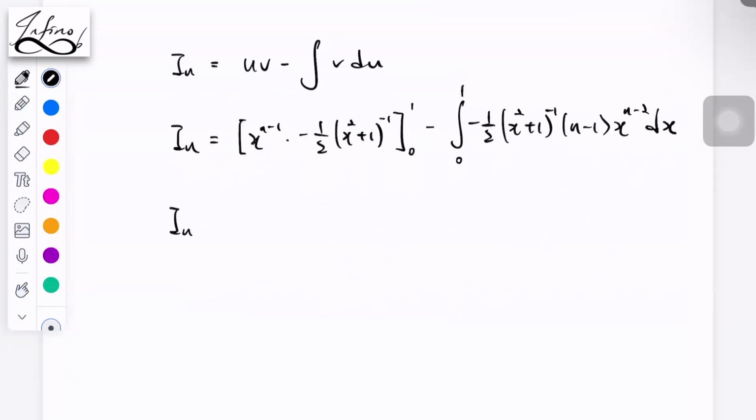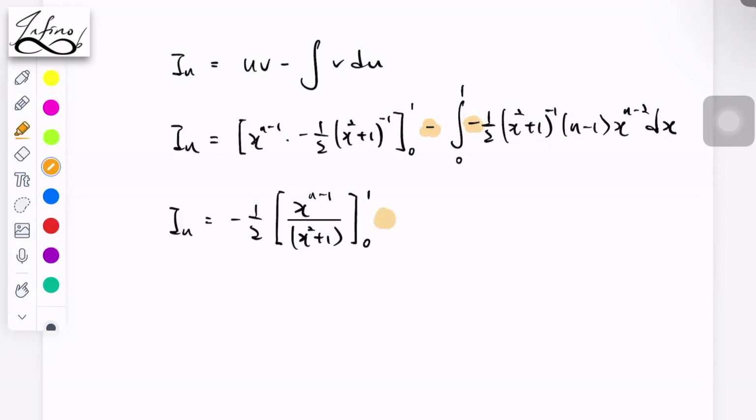So for this one, this is I_n, and if I do some simplification, this is just negative 1 over 2, with the numerator x^(n-1) over x squared plus 1, substituting from 0 to 1. Here I got negative and negative, so I have positive here.